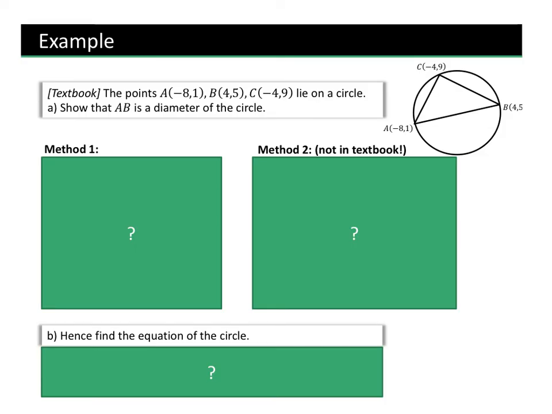If this is a diameter of a circle, what do we know? We know if this is the diameter, this angle must be a right angle from our circle theorems, okay? If we have a right angled triangle, how can we prove a triangle is right angled? He's one of our favourite mathematicians.